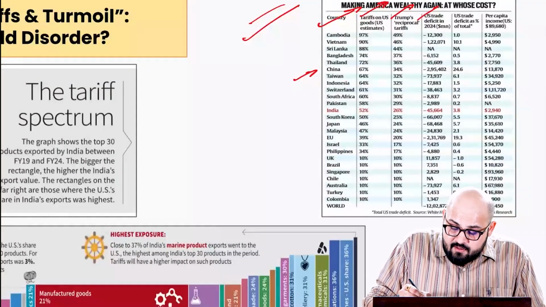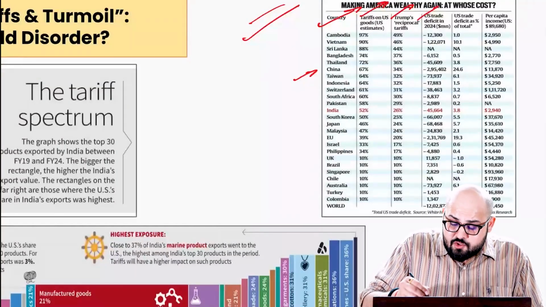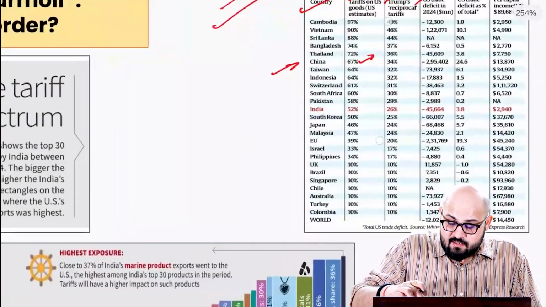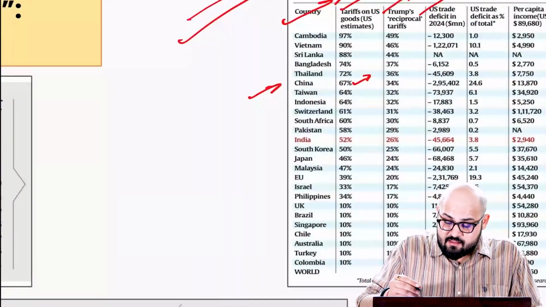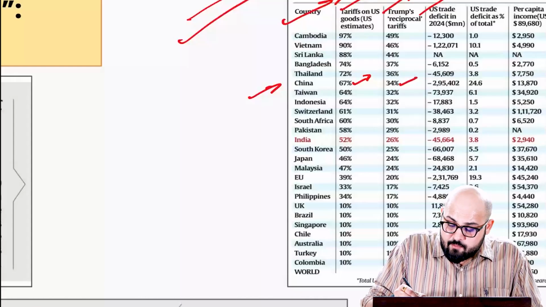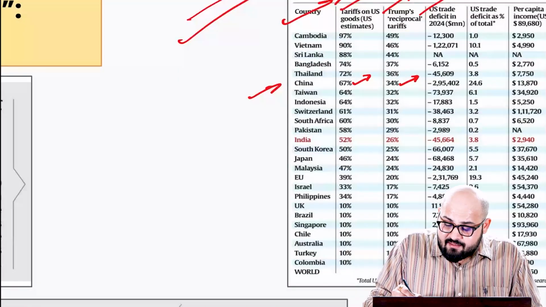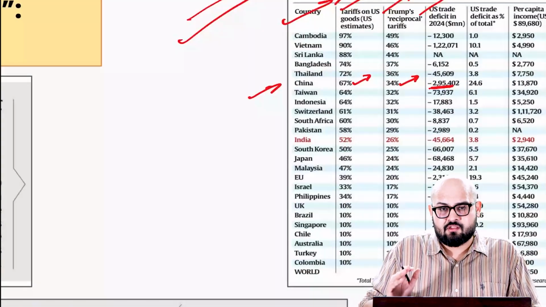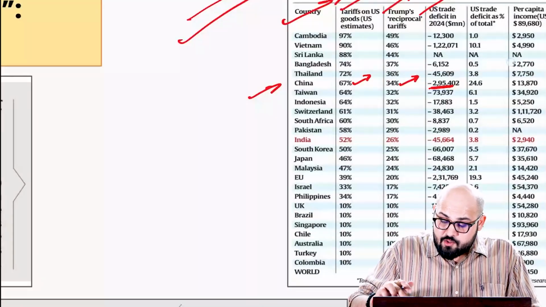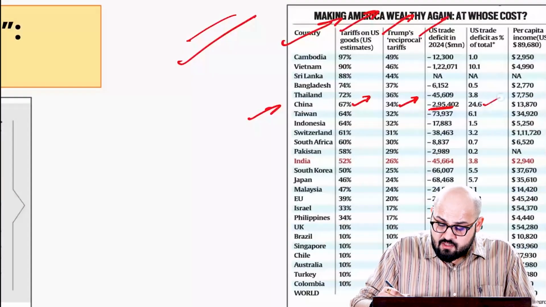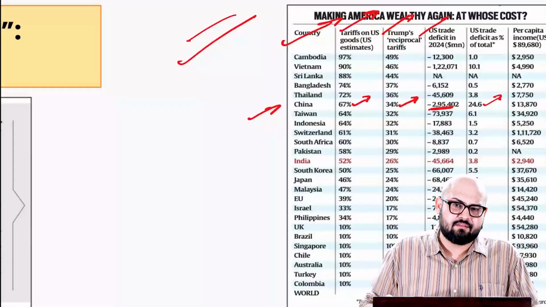China's tariffs on US goods amount to almost 67%, right? And the reciprocal tariff Donald Trump has announced is going to be 34%. Look at the trade deficit. It is too much. The US is suffering a huge trade deficit with respect to China, which as a percent of the total stands at almost 24.6%.